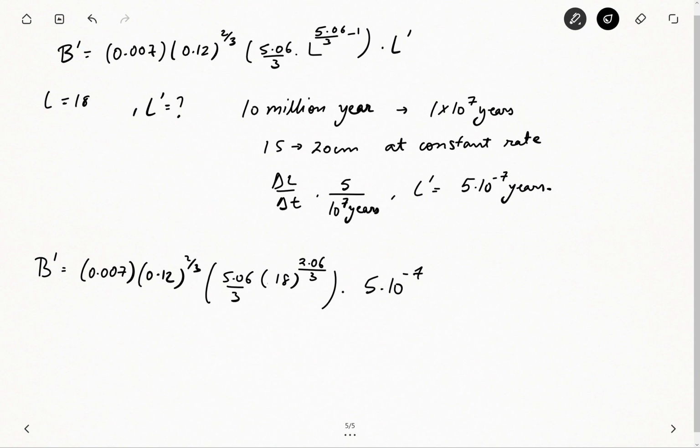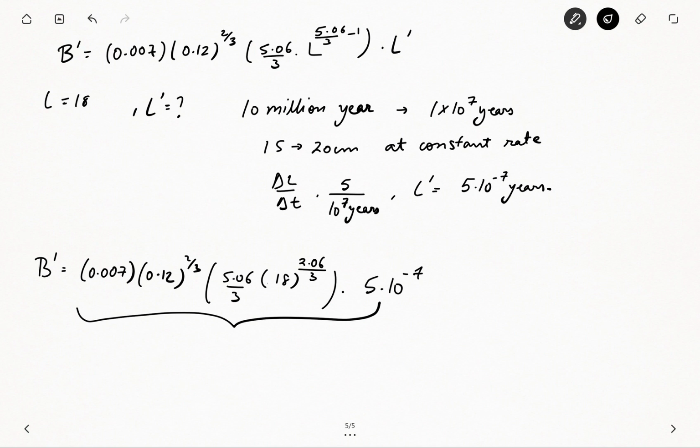So now you're going to get a gigantic expression out here. What I wanted you to do is evaluate just that part, not the 10 to the negative 7, and see what the number is. I'm just going to do that super quickly right now. Just give me a second.